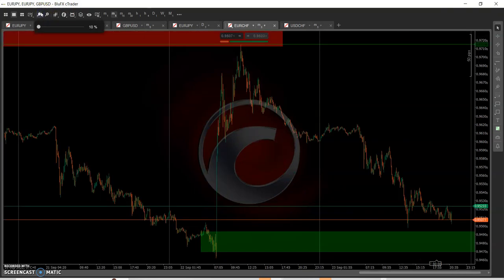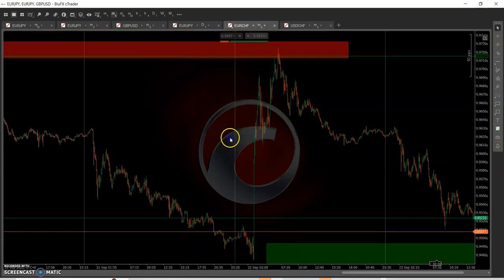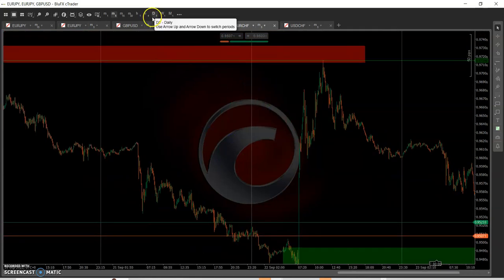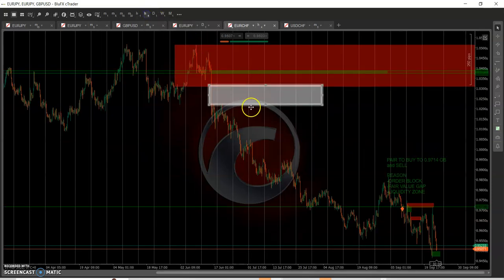So this is where we expected price to reach last week, and we got there. This is what happened. So let's go back to the H4 chart so we can analyze for next week.